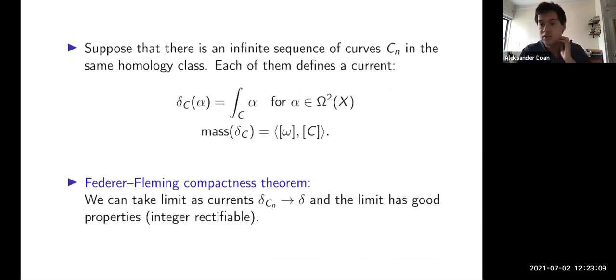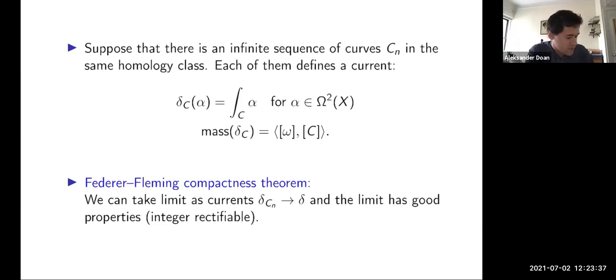So the proof will be by contradiction. So we want to show that for a fixed homology class, there are finitely many embedded curves. So choose this generic J such that the moduli spaces are discrete, and suppose by contradiction that there is an infinite sequence of curves with the same homology class.